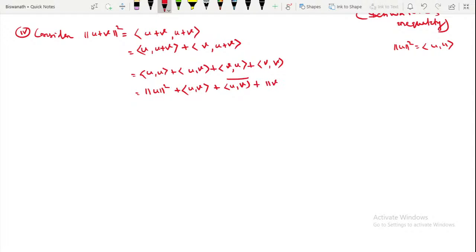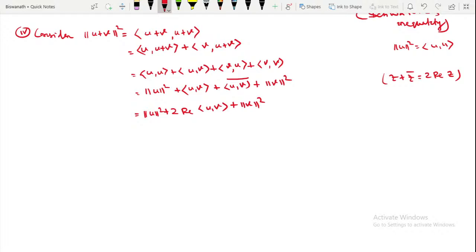Then this is your norm v square, and we know z plus z bar is 2 times real z. So I can replace here: this is norm u square, plus u comma v inner product and its conjugate, so I can write 2 times real of u comma v inner product, plus norm v square.